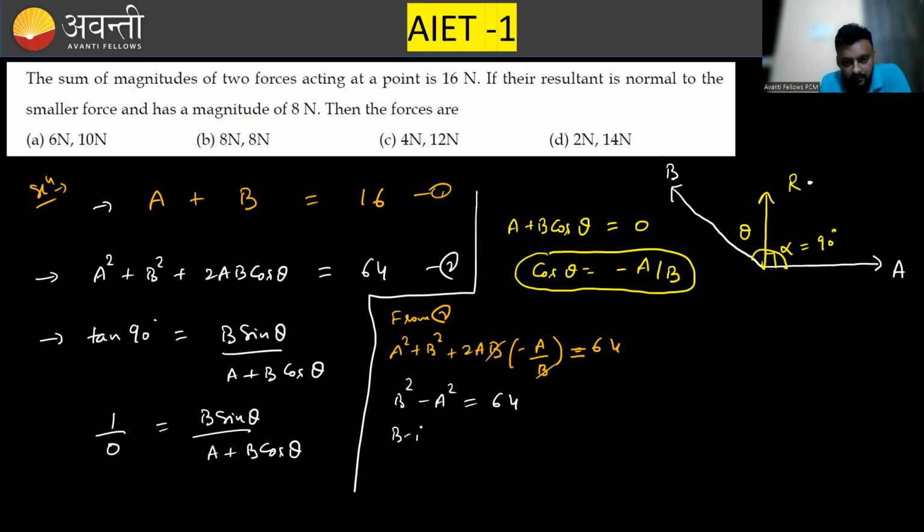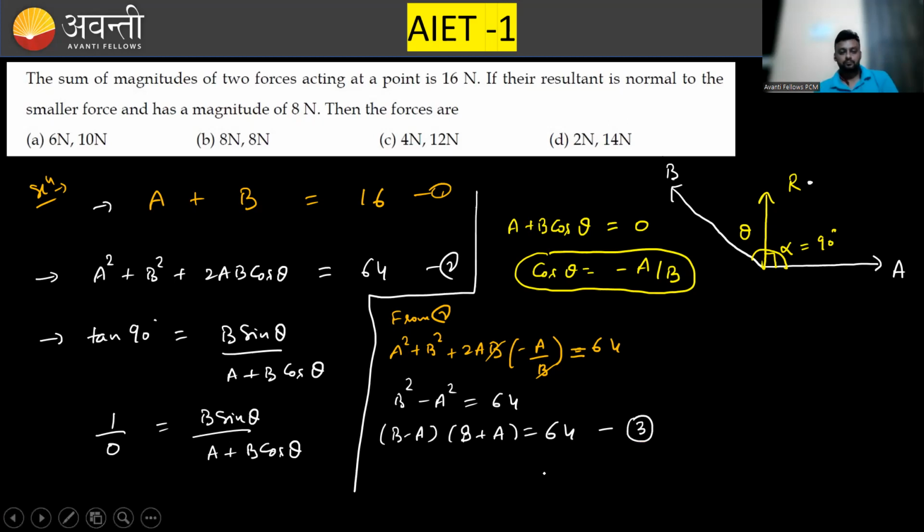Or you can write it as B minus A times B plus A equals 64. This is our equation number 3, since we already have equations 1 and 2.